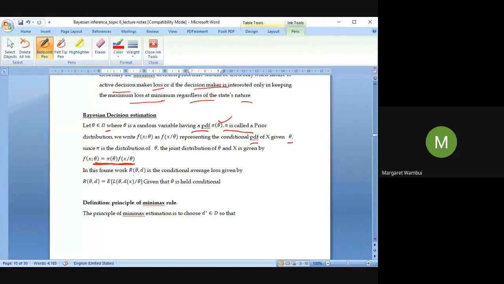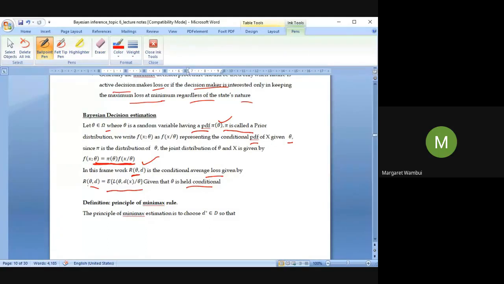So in this framework, the risk function, remember we defined the risk function earlier, is the conditional average loss, given by r of theta and d. That is our risk function of theta and the decision, which is the expected value of the loss under theta itself, so given theta is held conditional.